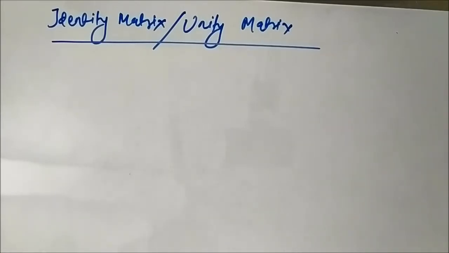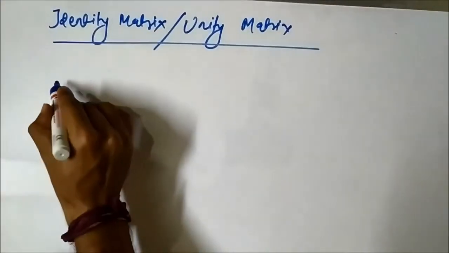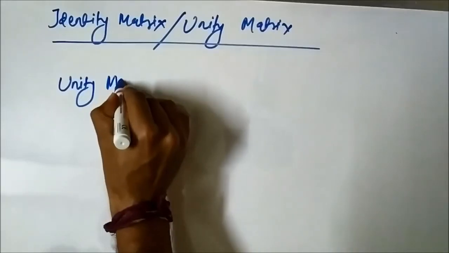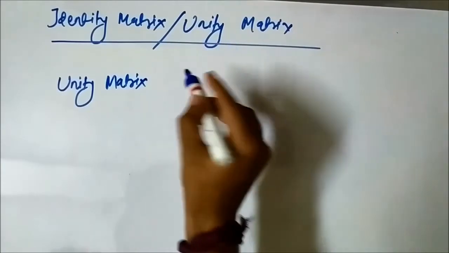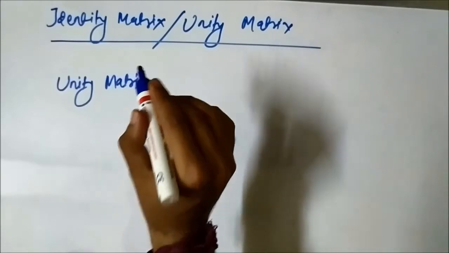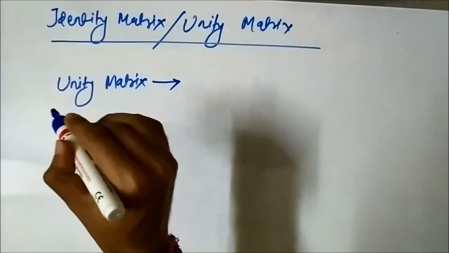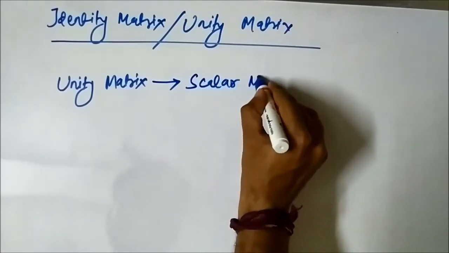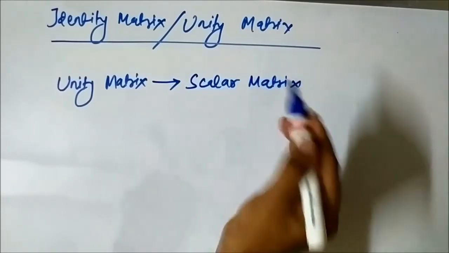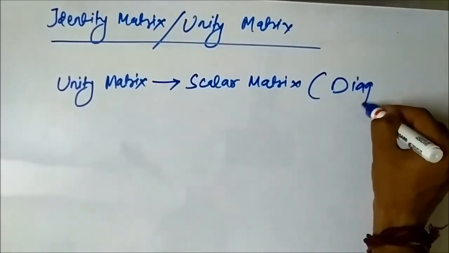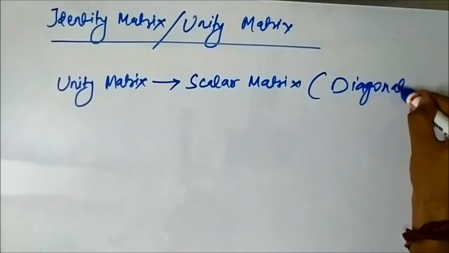We will get to that; it is a separate topic, but it's a very important matrix. The unity matrix, or identity matrix, also called the unit matrix, you can call it by whatever name you want, is a scalar matrix. So by default, it is also a diagonal matrix. As it is a scalar matrix, it is compulsory that it be a diagonal matrix.